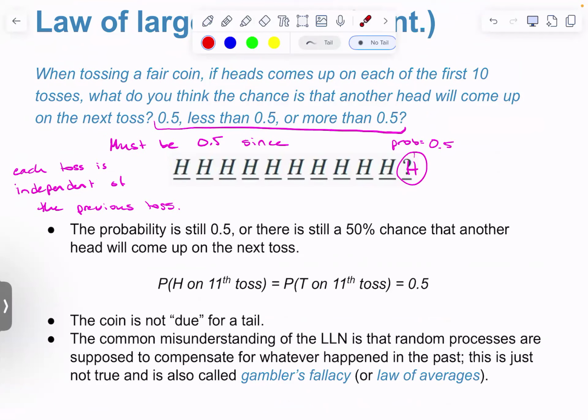We can build off of this, and I am jumping ahead a little bit, but because we have this scenario built out already, we can find the probability of getting this many heads in a row.